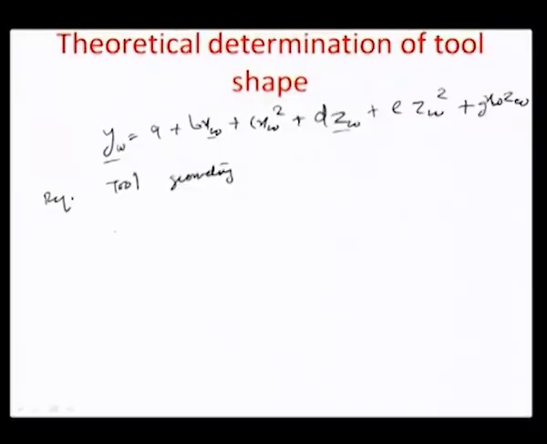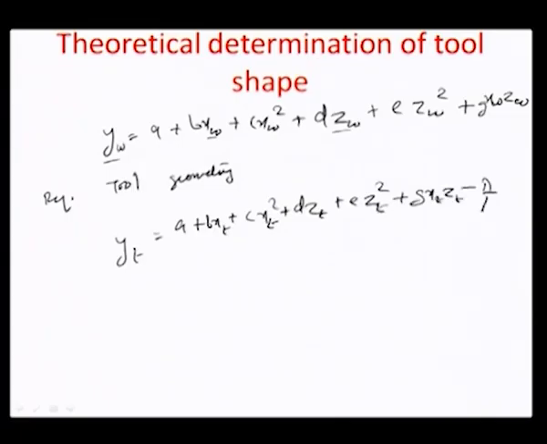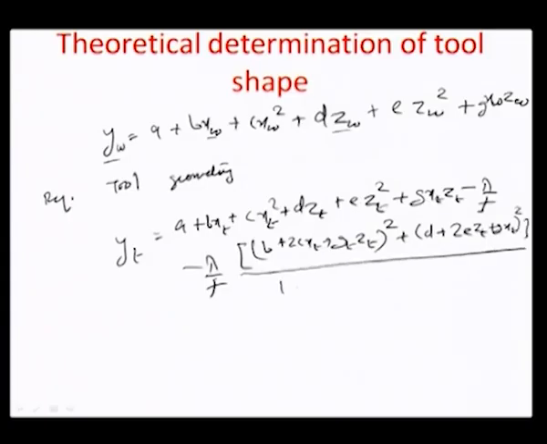So here the final relationship which comes out between the yt, xt and zt, the position coordinates of the tool surface, is basically a plus b xt plus c xt square plus d zt plus e zt square plus g xt zt minus lambda by f of this whole term here, which is b plus twice c xt plus g zt whole square plus d plus twice e zt plus g xt whole square, divided by the term 1 plus twice c plus e lambda by f.